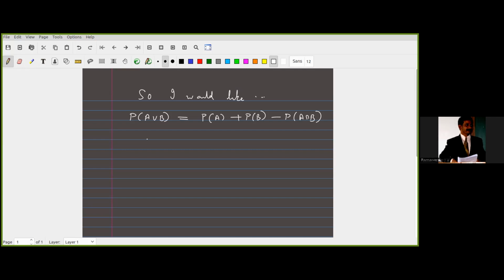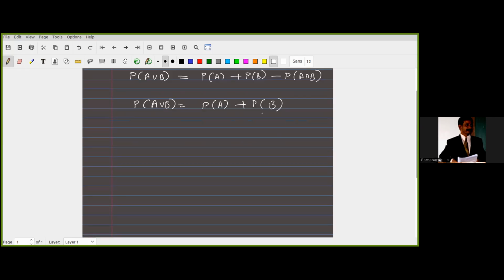And if they are mutually exclusive, there's another formula: P of A union B equal to P of A plus P of B. So these two formulas I'll try to tell you how it is solved.